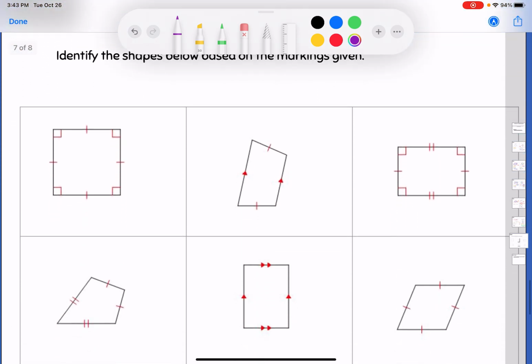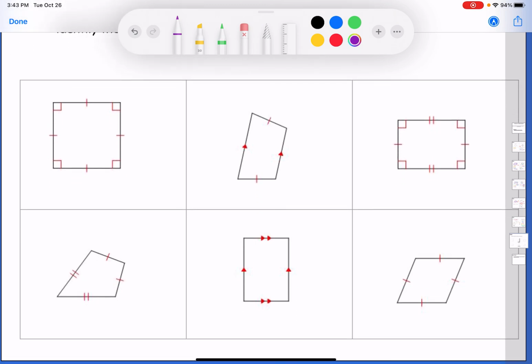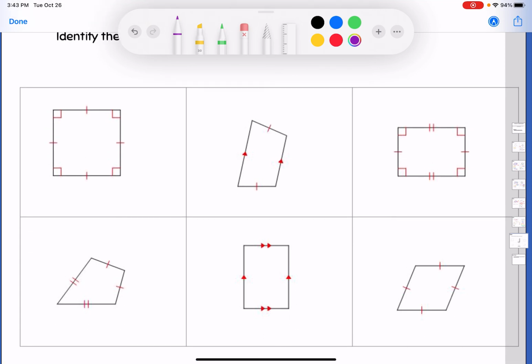All right, another way that we might see using those properties, besides our proofs and our algebra problems and all that, is if we're just given diagrams that are marked up, can we tell what shapes we have, right? So if I look at this first one in the top left, what I'm noticing here is that all angles are right angles. So I think, what shape has all angles right angles? Oh, that would be a rectangle, right?